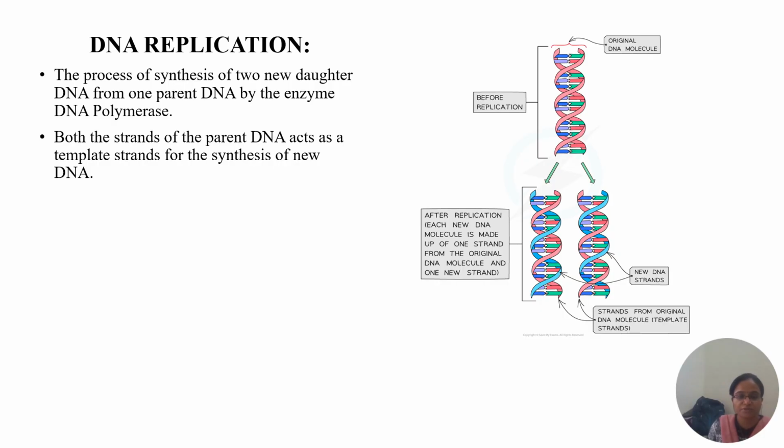Here in this diagram, you can see that we have one single parent DNA, and both of the strands of this DNA act as the template strands, and using the enzyme DNA polymerase on this template strand, new DNA strand is synthesized. So this results in the formation of the two new daughter DNA.